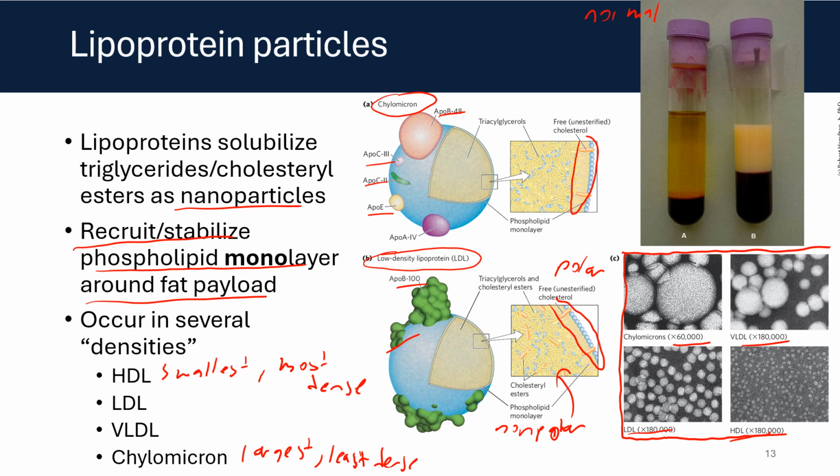And this here is a hyperlipidemic patient. Here the red blood cells have separated from clear plasma. The plasma, however, in this patient is overly enriched with these lipoprotein particles, and therefore it is opaque and very fatty.